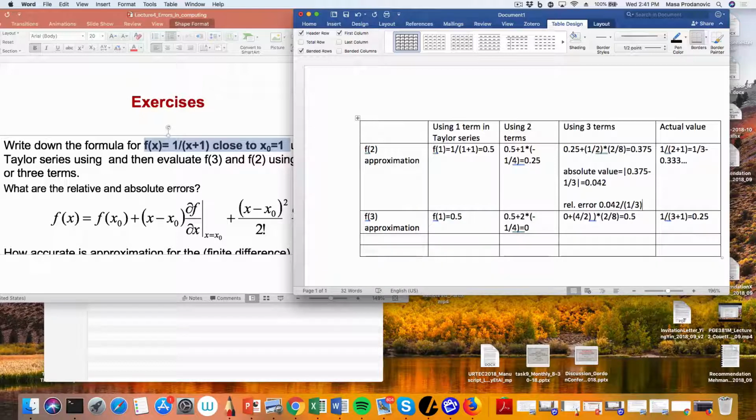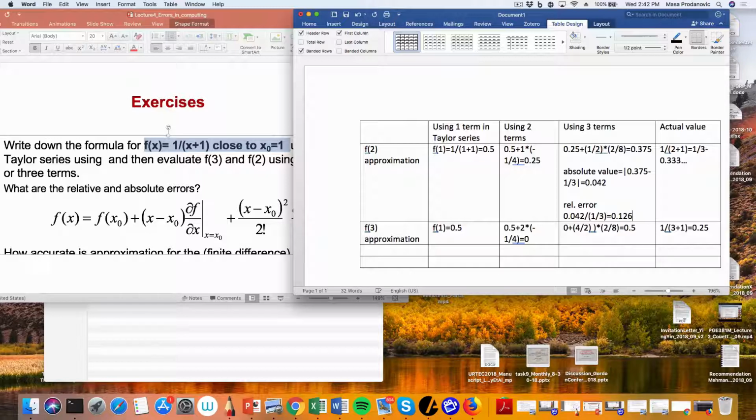So it's a little over 10%. Somebody has calculated for me. You can ask Google what is 0.042 divided by 0.333. 0.126. So 12.6% or so. Okay? Questions?